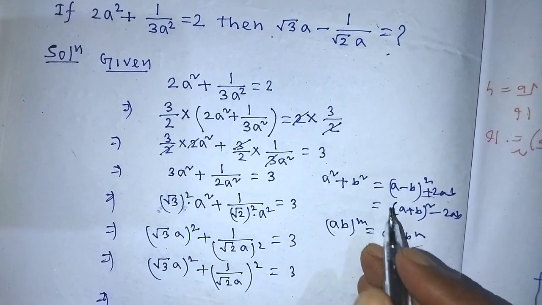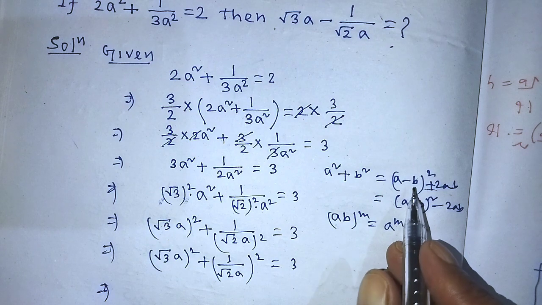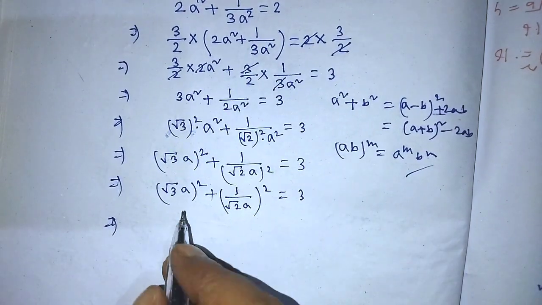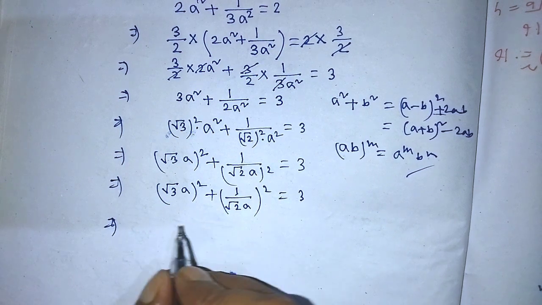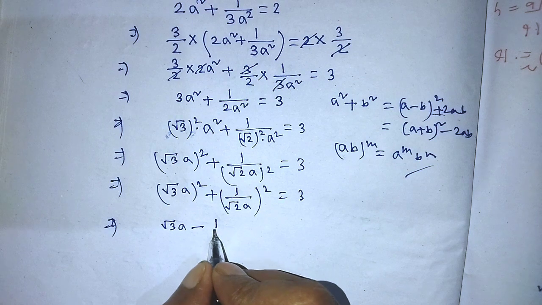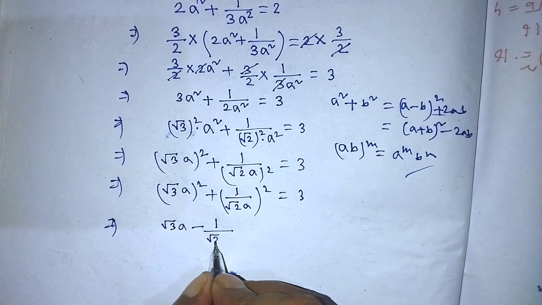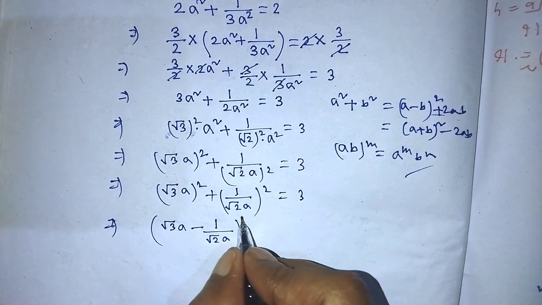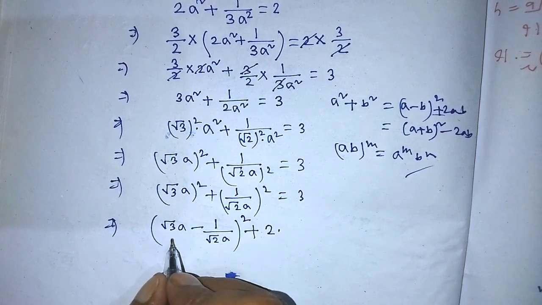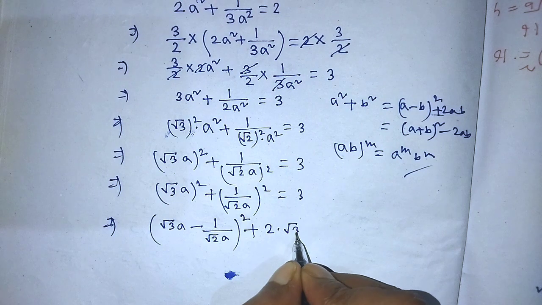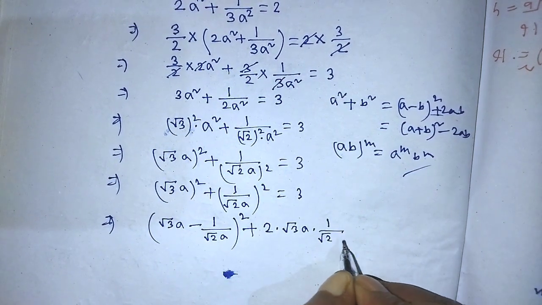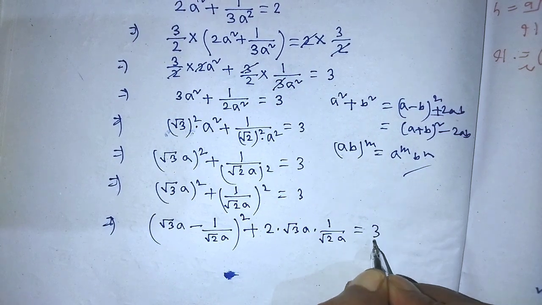a² + b² = (a − b)² + 2ab. So now we can write from the left hand side (√3a − 1/(√2a))² plus 2 into, in place of a here is √3a, and in place of b here is 1/(√2a), is equal to 3.